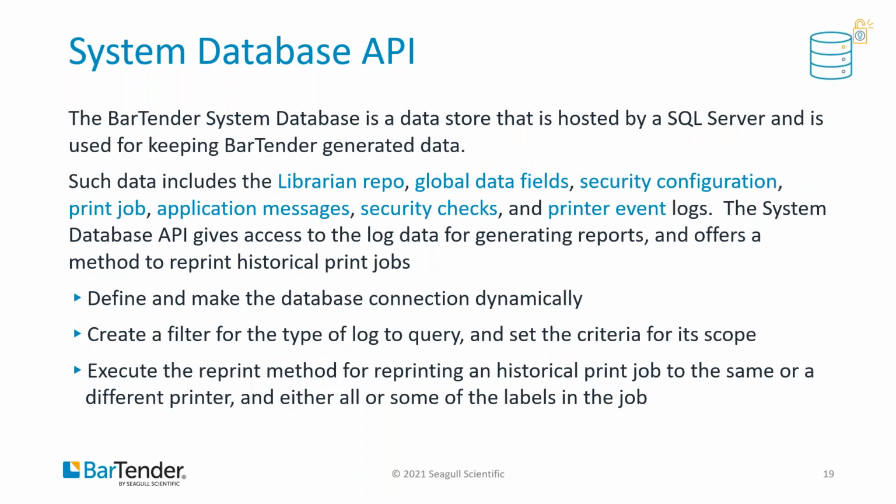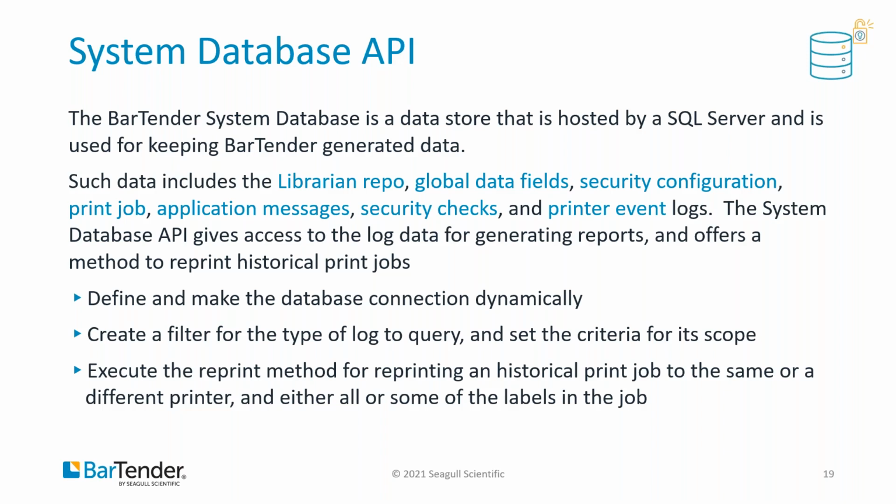System Database API. Well, firstly, let's establish what the system database is. Basically, this is a database that's hosted by a SQL Server instance, and it's used for keeping BarTender generated data. What do I mean by BarTender generated data?